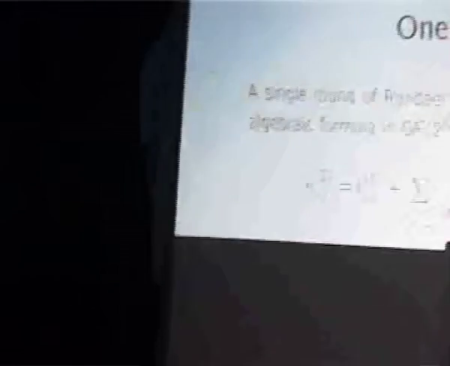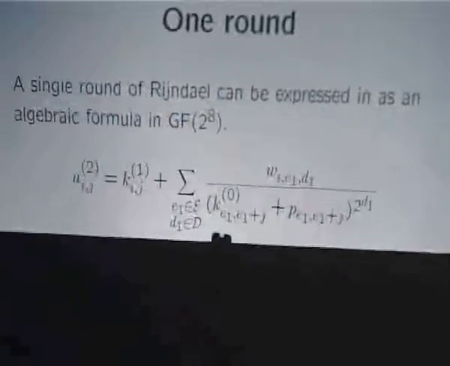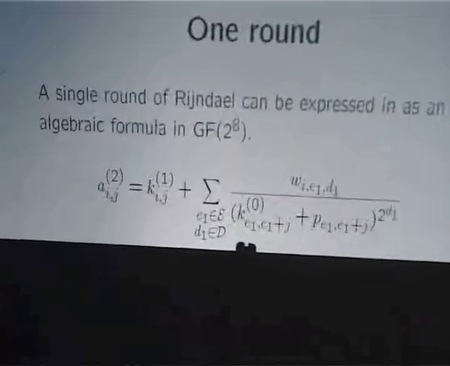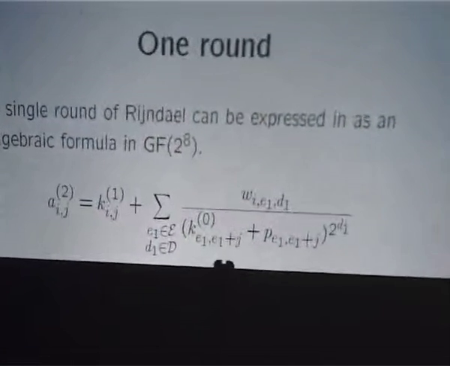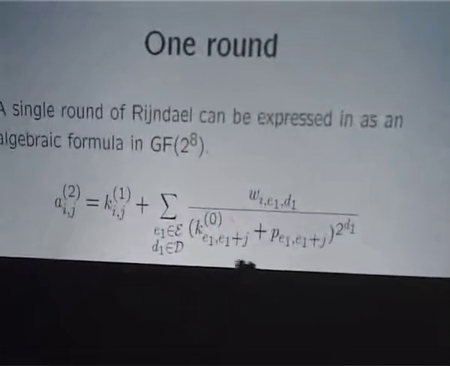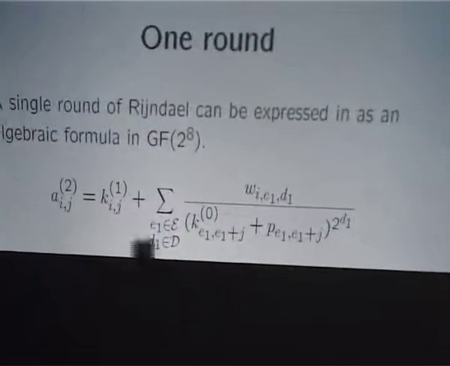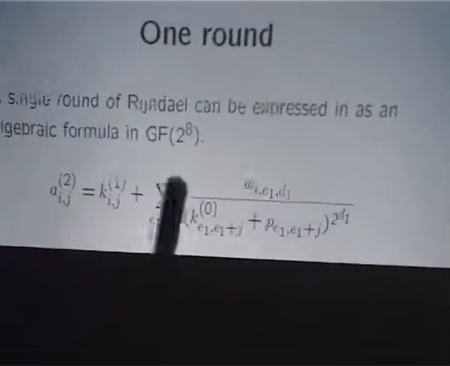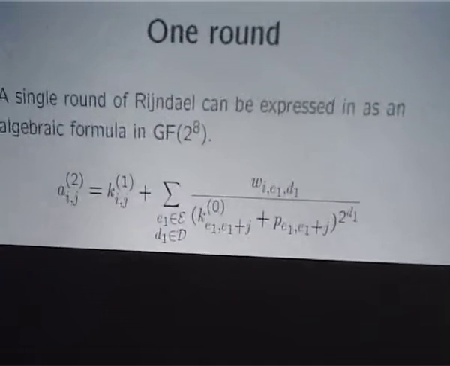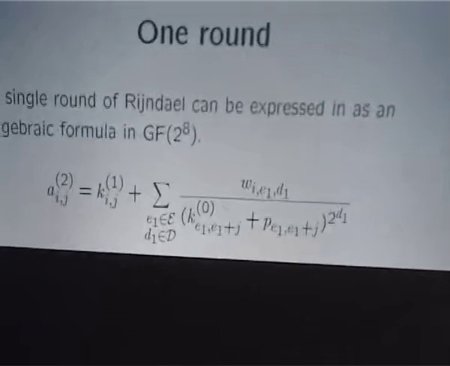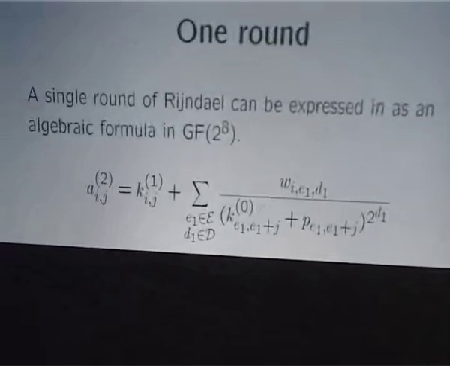It gets added to a key byte. The first step is add a key byte. Then the S-box and the mix column are coded in this sum that we saw just now on this slide.